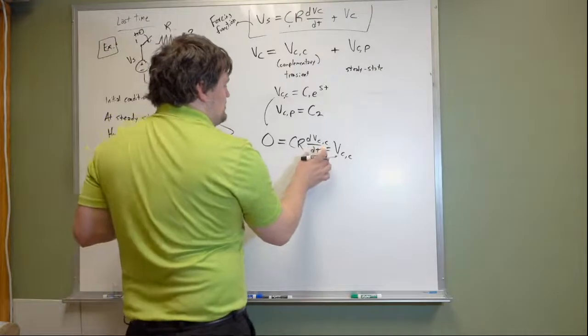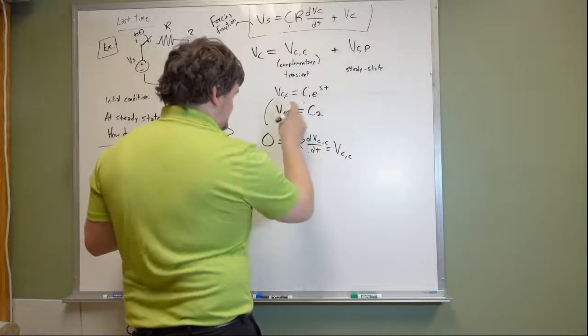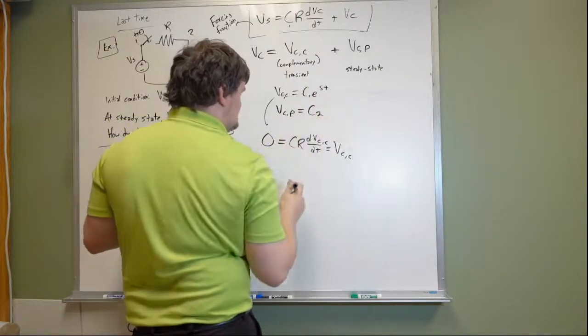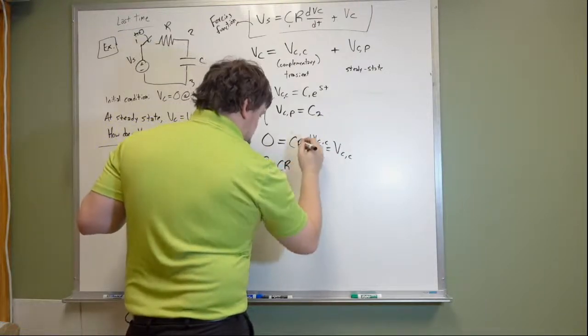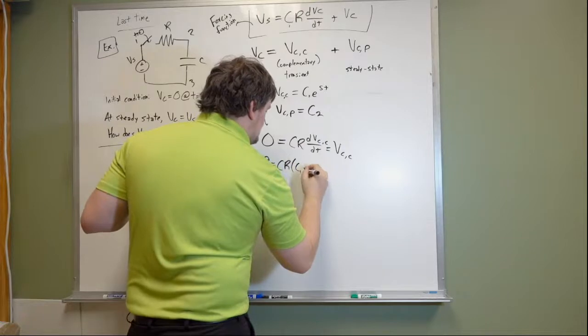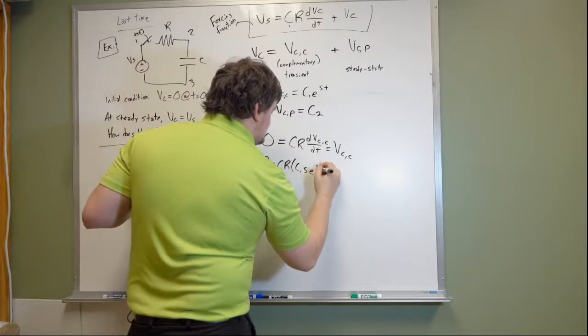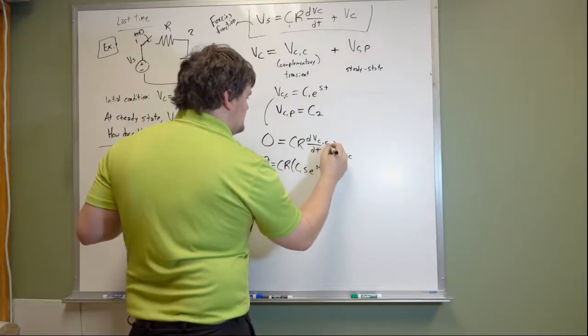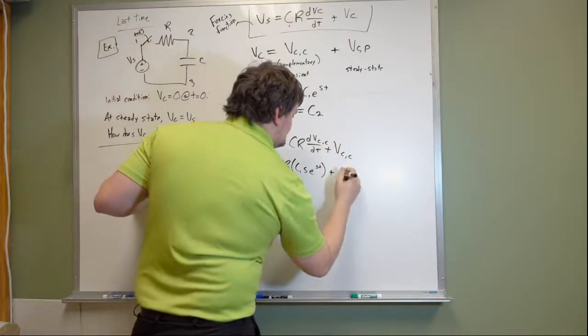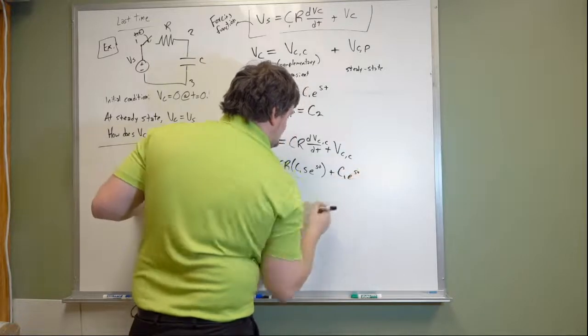So here, what is the derivative of VCC? Well, it is C1 s e to the st. So here 0 is equal to CR times C1 s e to the st. Oh, that's not an equals, that's a plus. Plus C1 e to the st.